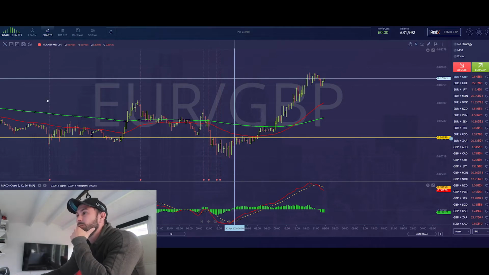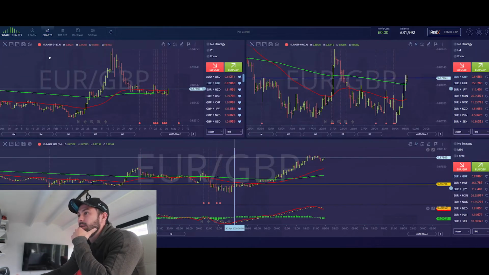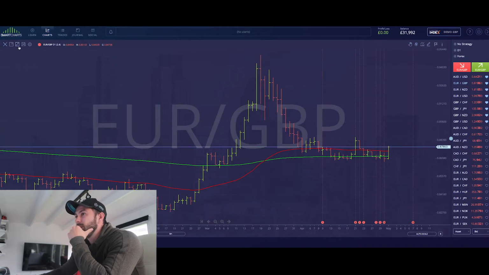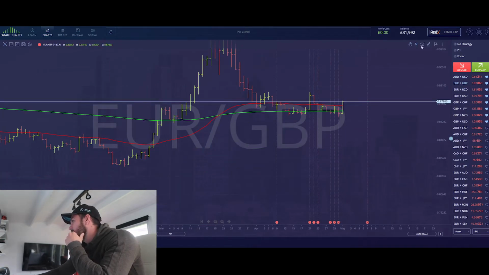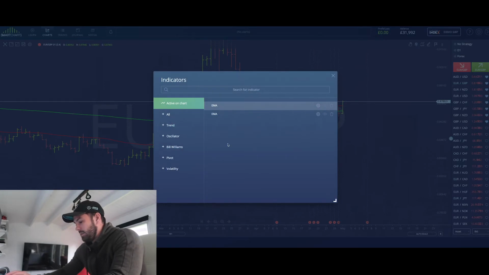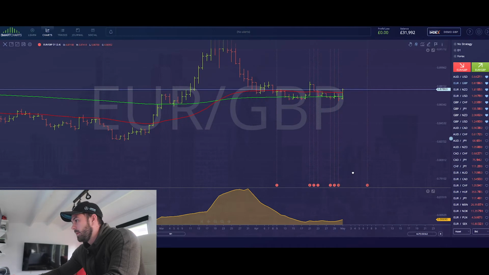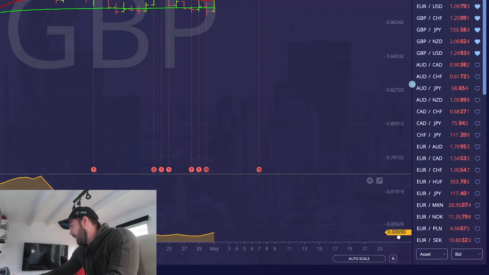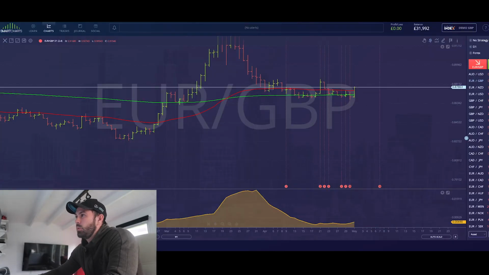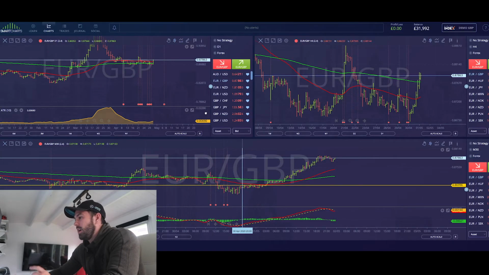So what we would do is we'd go back out of this chart, we'd look at our daily chart, zoom in on this, and then we'll add our ATR indicator, our average true range. We can see here that our ATR is moving at 69 pips. So what we want to do on our 30-minute chart is put our stop loss 69 pips below our entry. So let's just do that now.